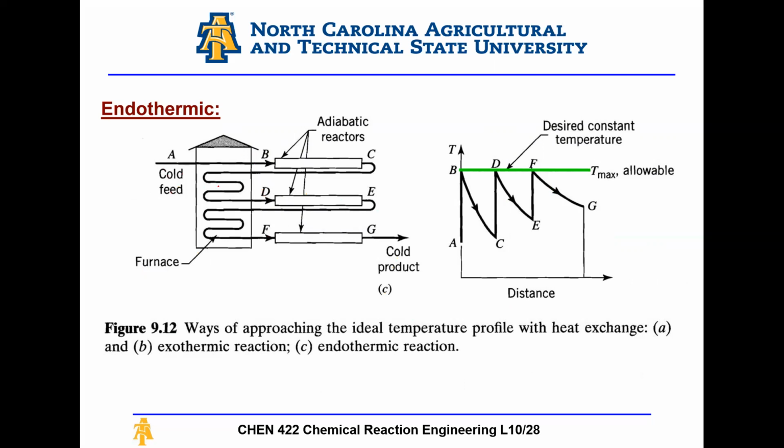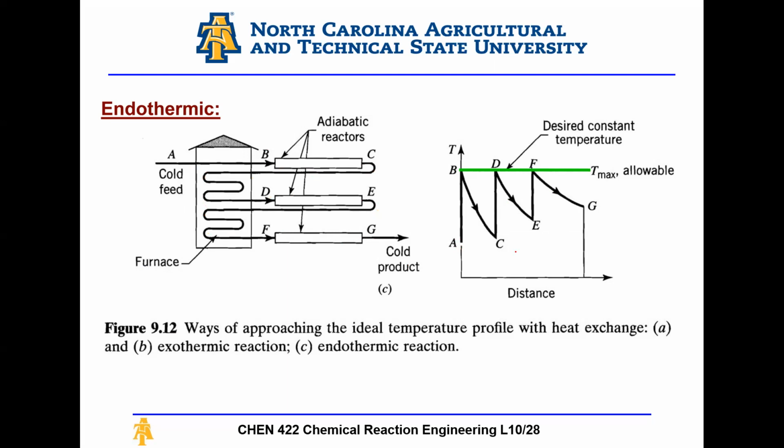My cold feed enters a furnace, I have an endothermic reaction, I get a cold product, I heat the product in the furnace again, move it to a second reactor, cold product, heat it, third reactor, cold product. This way I want to operate at the highest possible temperature. Because if you remember, with endothermic reactions I always want to operate at the maximum allowable temperature. And this allows me to do this.